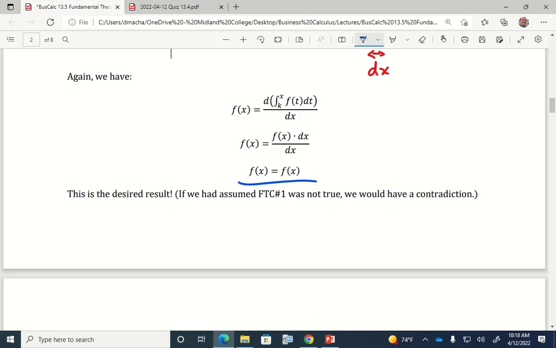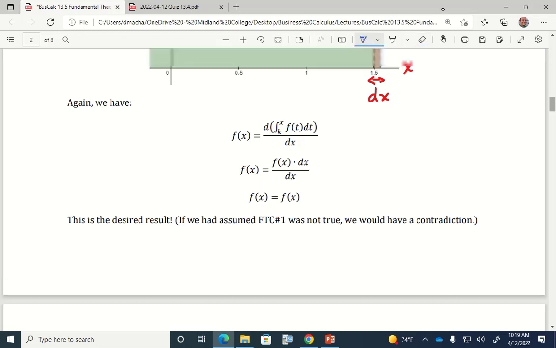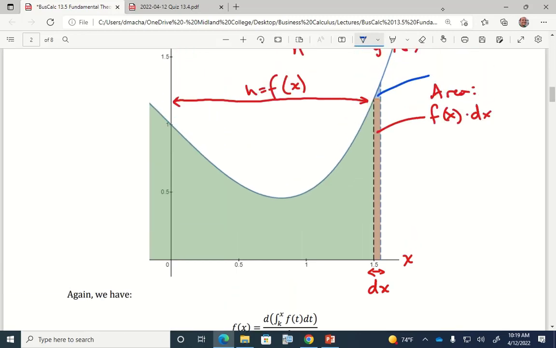If we had assumed that idea number 1 was not true, and tried to prove that it wasn't true, we would run into a contradiction if we tried to follow the same line of reasoning. If this were a true rigorous proof, I would show you a proof by contradiction, but it's better to teach this the way we've done it, where we just show that these two functions are equivalent.